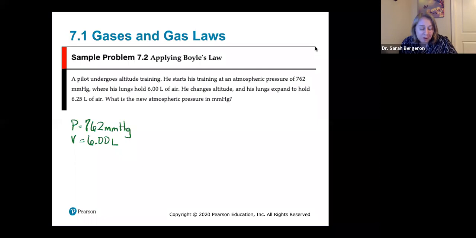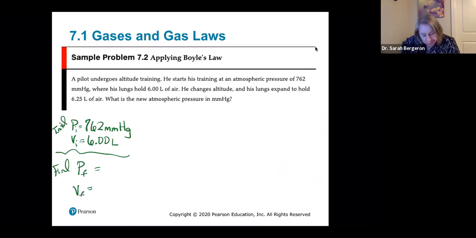So we know that we're changing conditions. This is my initial, and this is going to be my final. So I can call this PI, VI. I know I'm going to have a pressure final and a final volume as well. Let's keep reading. He changes altitude and his lungs expand to hold 6.25 liters of air.